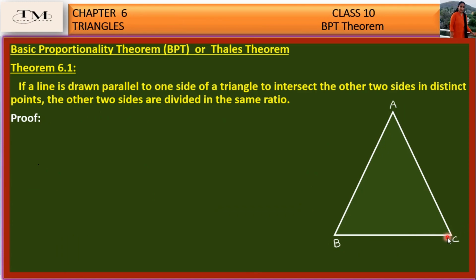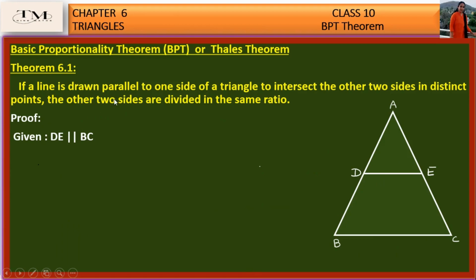So, we have to draw a line parallel to BC. If we draw a line parallel to BC, we will get this line. I name it as DE. So, DE is parallel to BC. This is what is given.